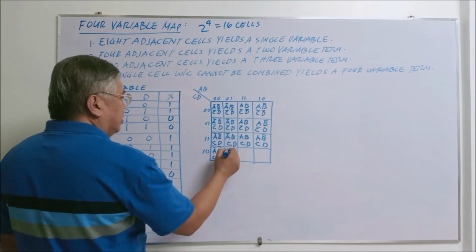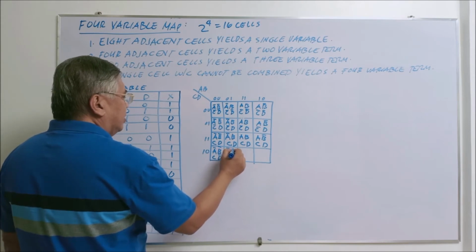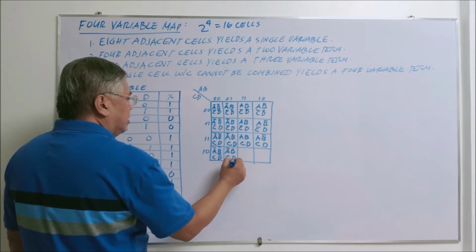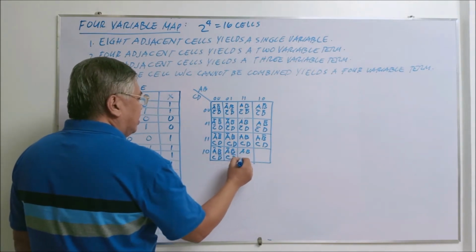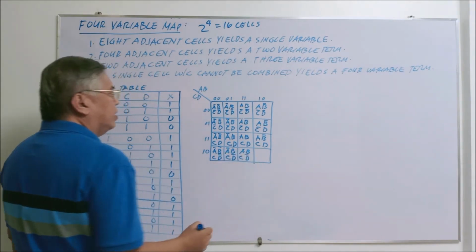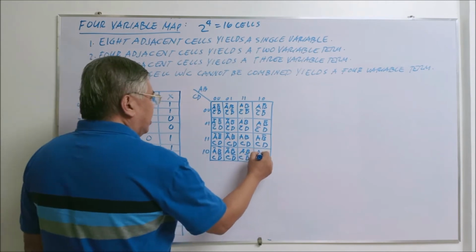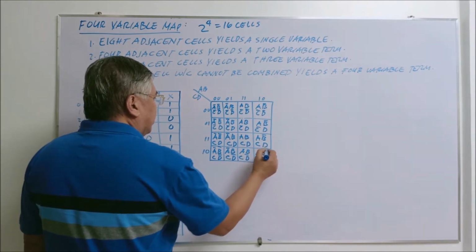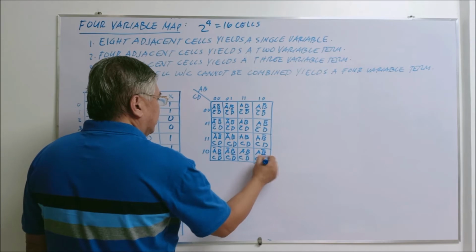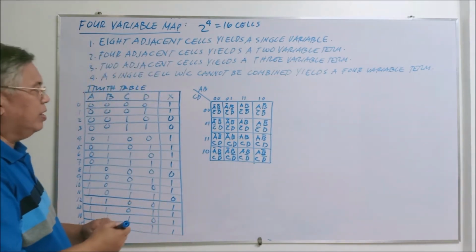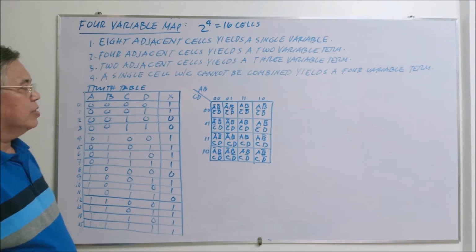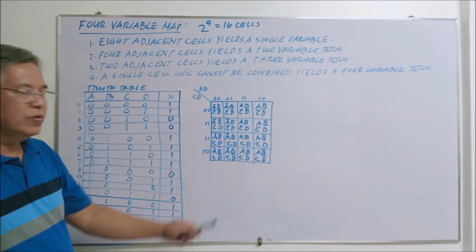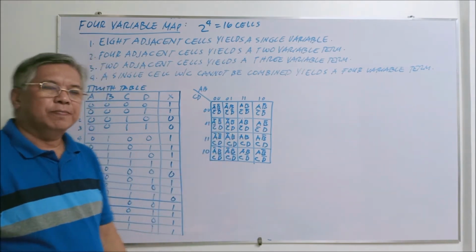Then A bar, B, C, D bar. And then A, B, C, D bar. Then A, B bar, C, D bar. Okay? So this will be our product or sum of product expression, or map equivalent.